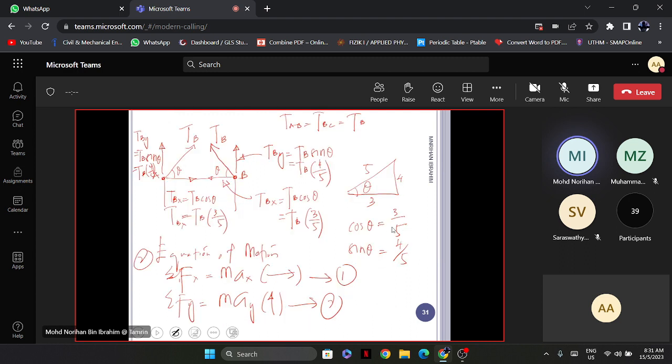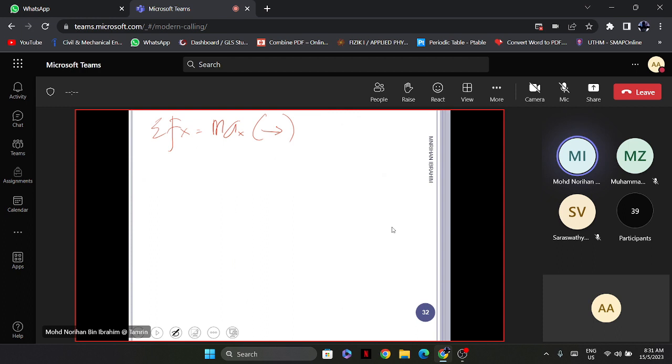So the sum of Fx is equal to max, and the forces in the x directions are TB multiplied with 3/5 minus TB 3/5, equal to the mass 700 multiplied with ax, where ax is equal to 0 meters per second squared.